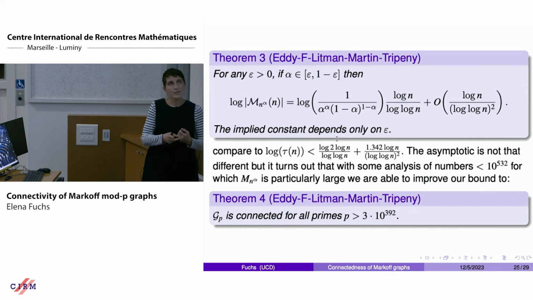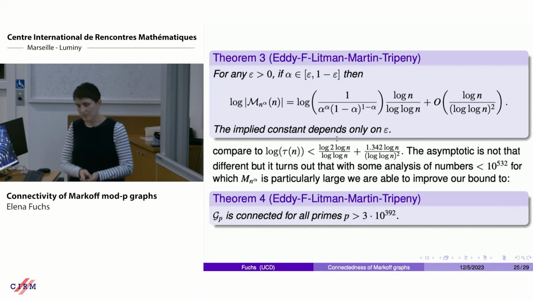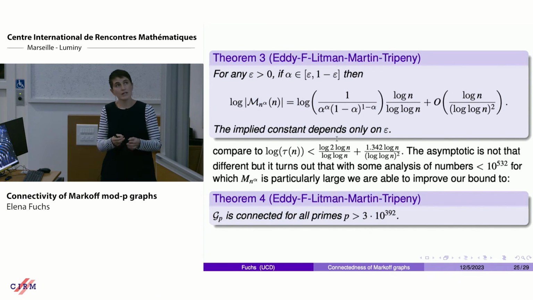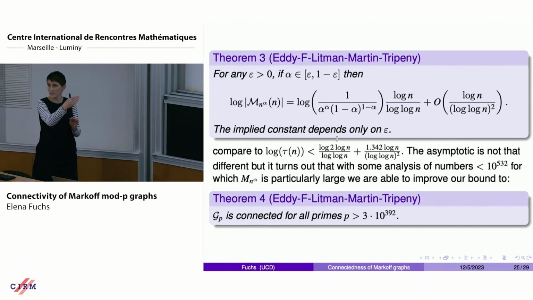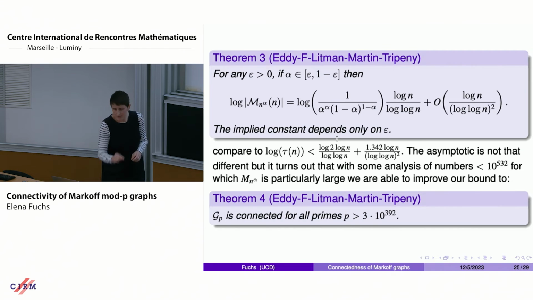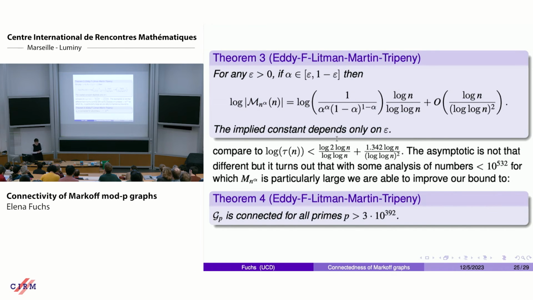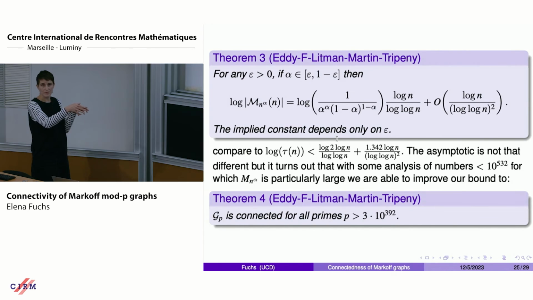But it turns out that if you look at the numbers less than 10 to the 532, which is what we started with in our first corollary there, that are particularly bad in the sense of having particularly large M_alpha of n, we're able to improve our bound to this here. So I don't want to get into too much exactly how this works, but you basically reduce all numbers between 10 to the 392 and 10 to the 532 to just a subset of ones where these maximal divisors might be large, and you work with those.